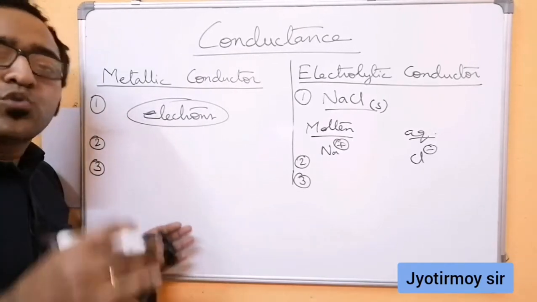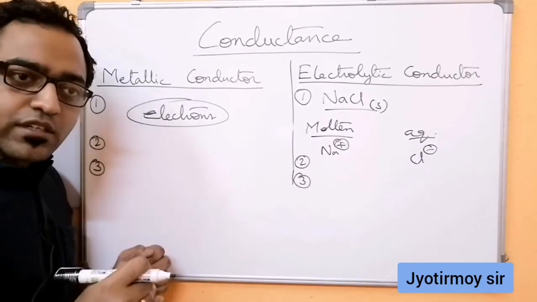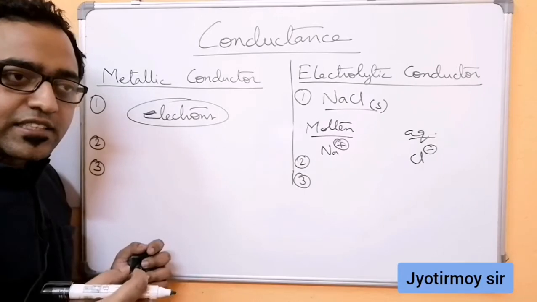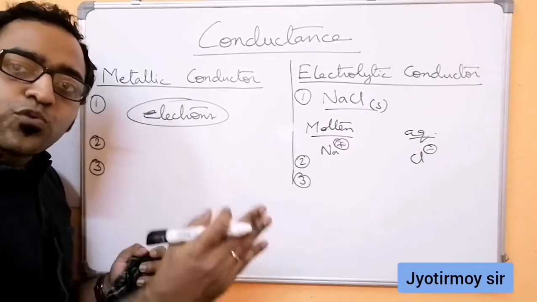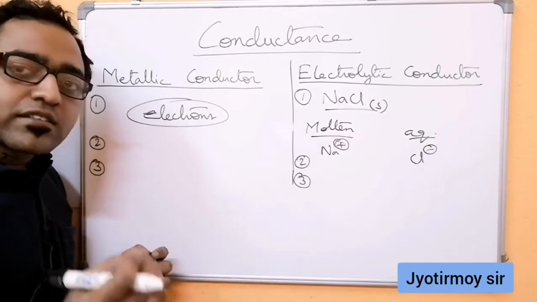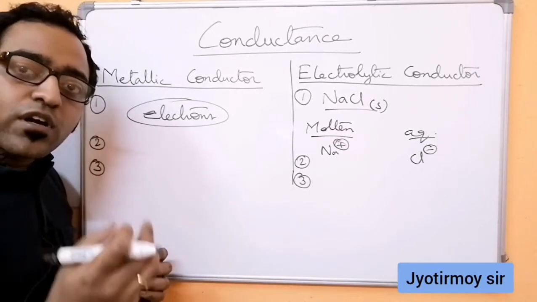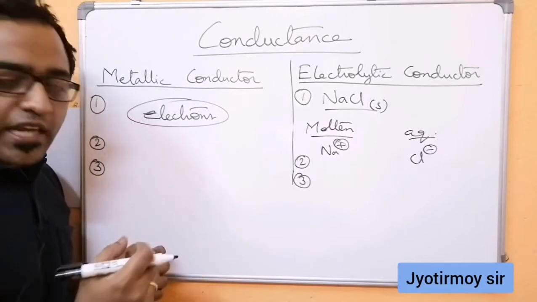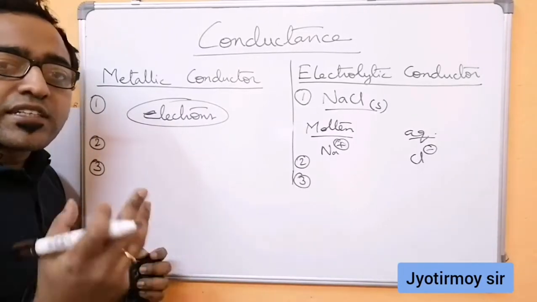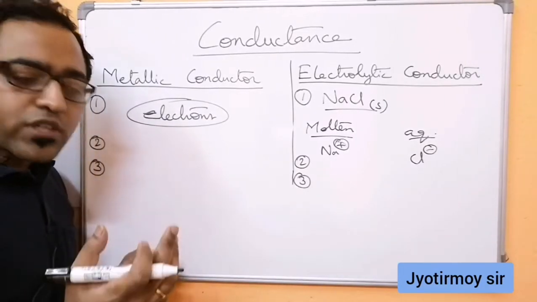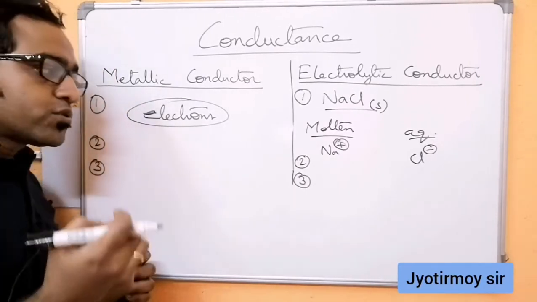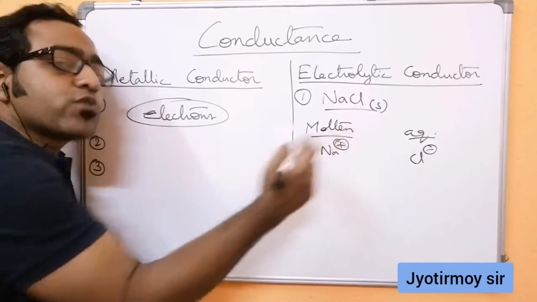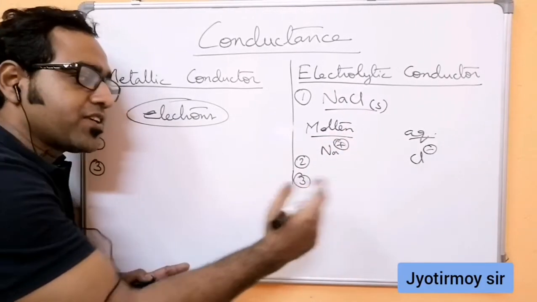The moment you dip two electrodes in that solution and pass electricity, the sodium ion, which is the cation, will move towards the cathode. The negative ion, Cl minus, which is called the anion, will move towards the anode, and during its movement it is transferring mass because sodium ion has some mass, chloride ion also has some mass. So in case of electrolytic conductor, mass transfer takes place.